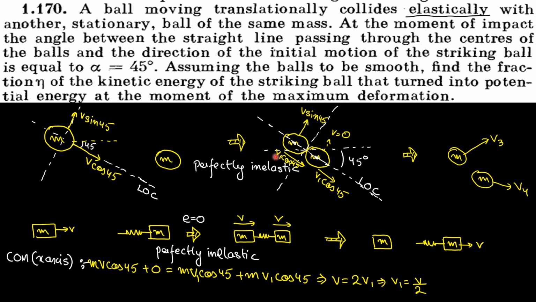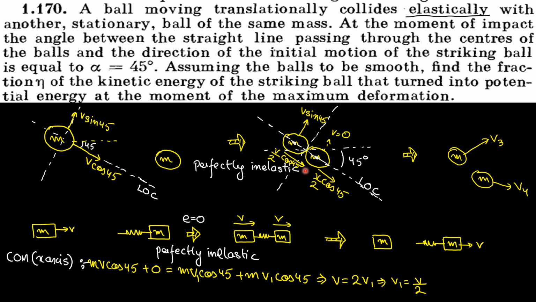Out here I can substitute v1 and v1 by v by 2. So velocity after collision in the x component of this block is v by 2 cos 45, and of this block is v by 2 cos 45.